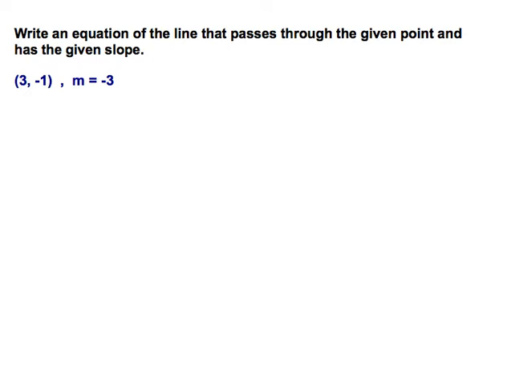In this example, we're going to write an equation of the line that passes through the point 3, negative 1 and has the slope of negative 3. So if you remember, the equation that we just talked about was y minus y1 equals m times x minus x1. I'm going to label this point x1, y1. Now it's just a matter of plugging in.